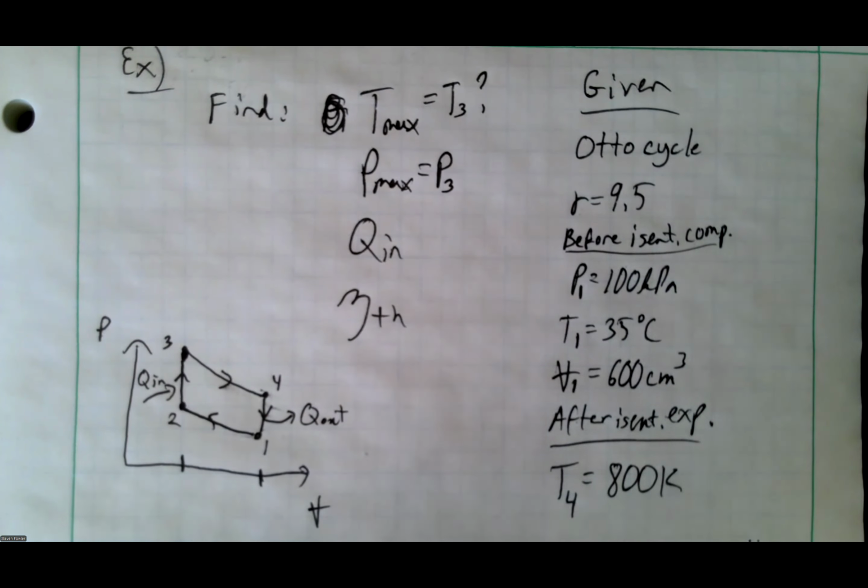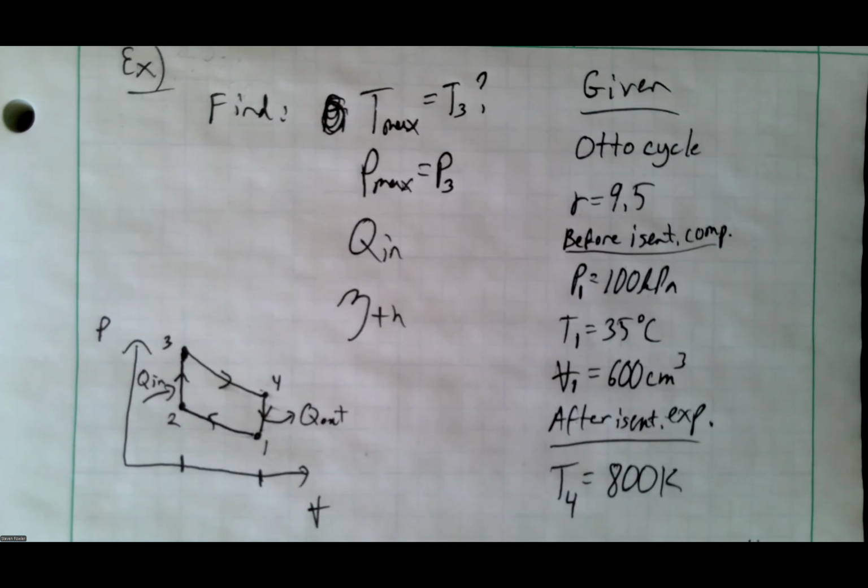If you don't remember what the compression ratio is, I would encourage you to pause the video here, go back to your notes from lecture 24 and consult. What does this compression ratio do for you? Pause it and bring that back here, because what the compression ratio does is very important.